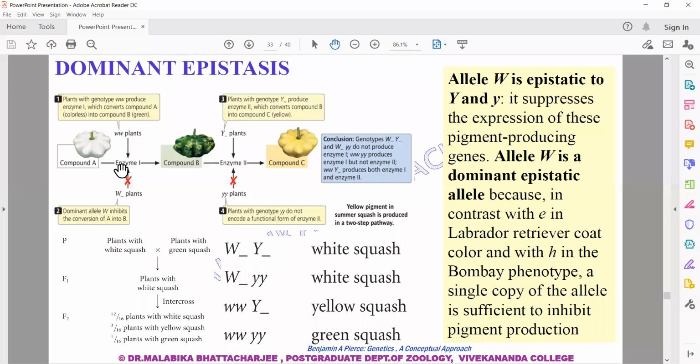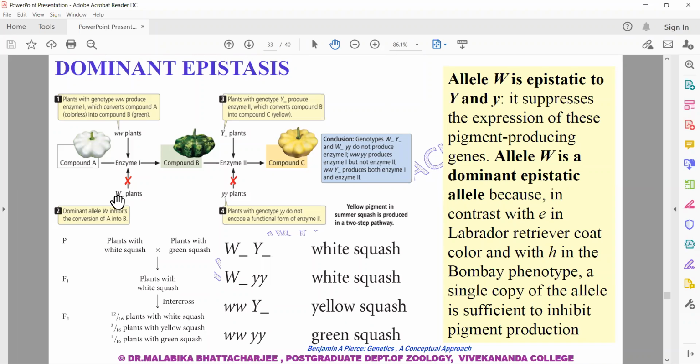When there is a capital W allele in one dose or two doses, in a homozygous or heterozygous condition, it prevents the function of enzyme 1. So if enzyme 1 function is prevented, then automatically the squash will stay white in color.